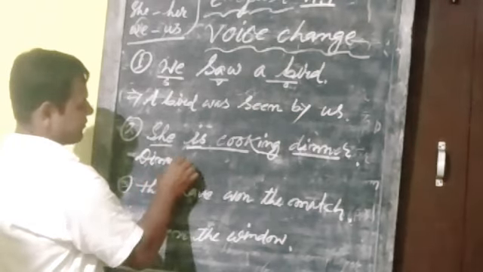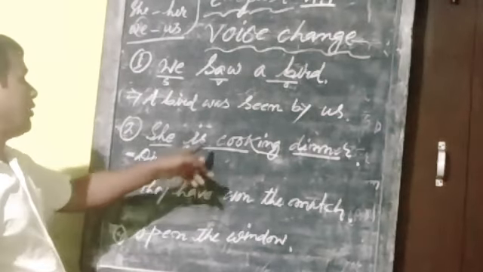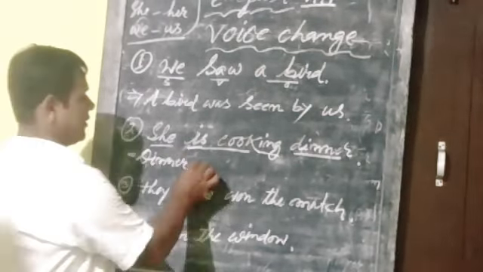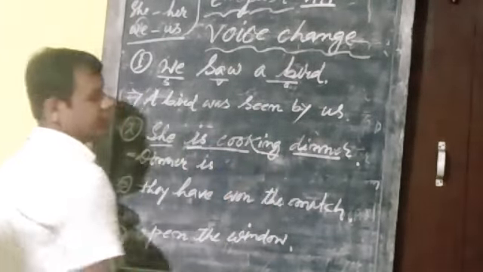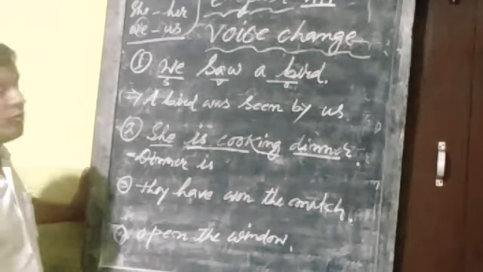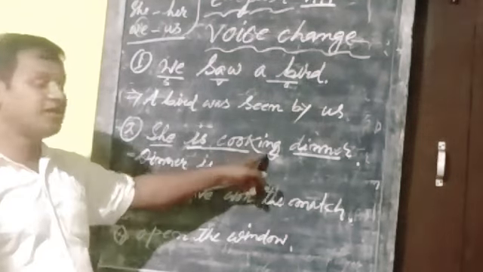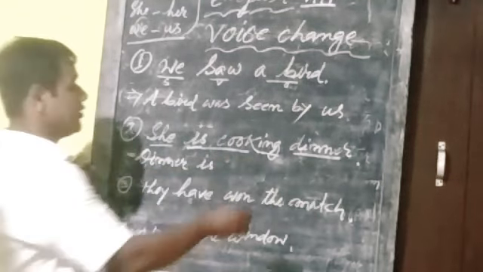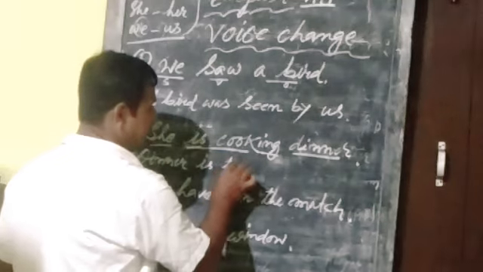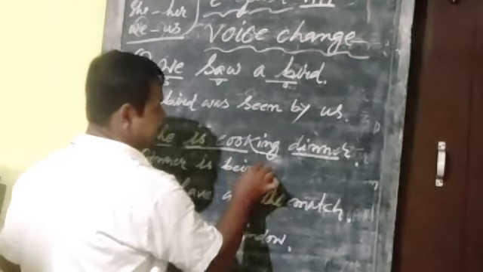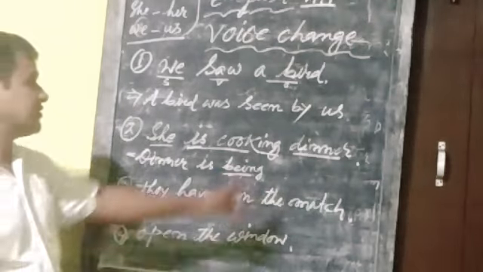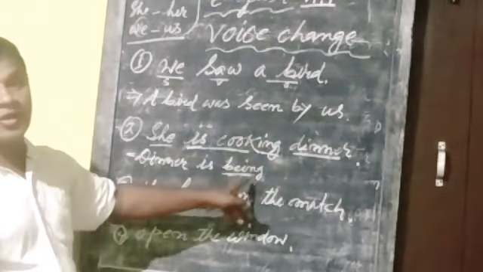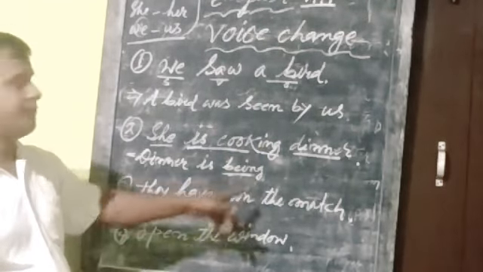Now, if ing is added with main verb, with principal verb, then you write being, B-E-I-N-G. Being. Keep in your mind. Instead of ing, you write being.